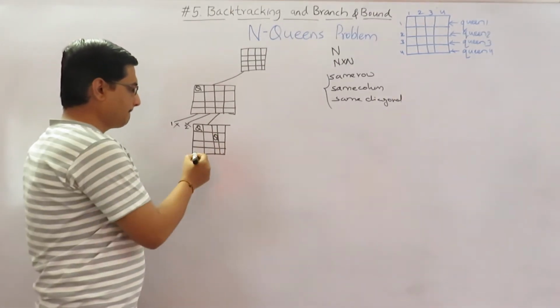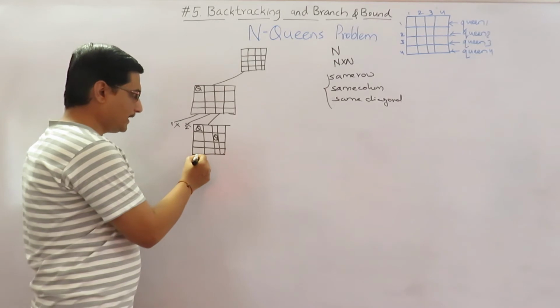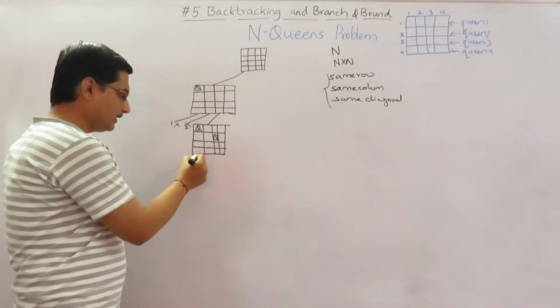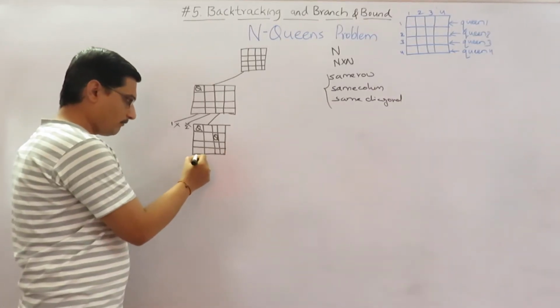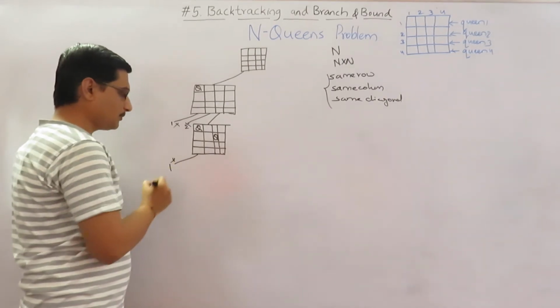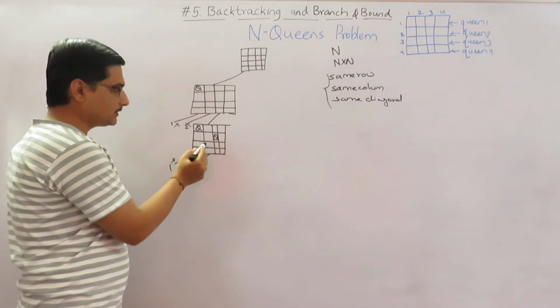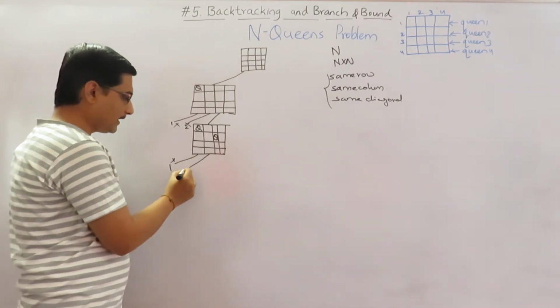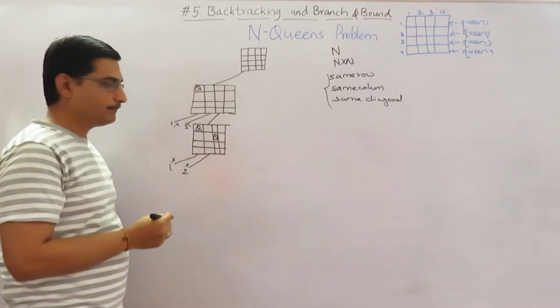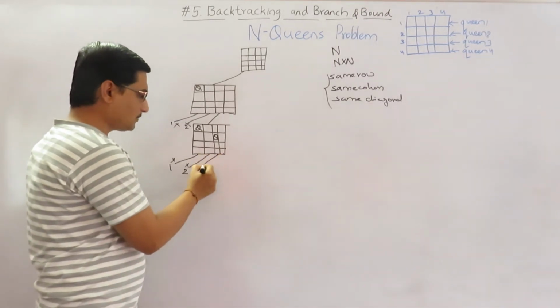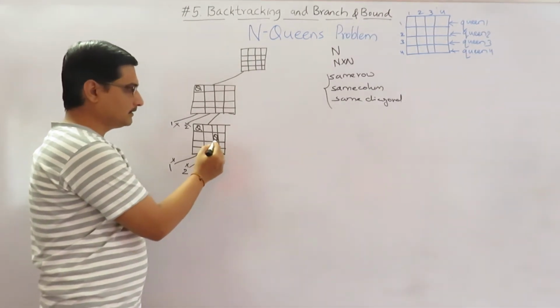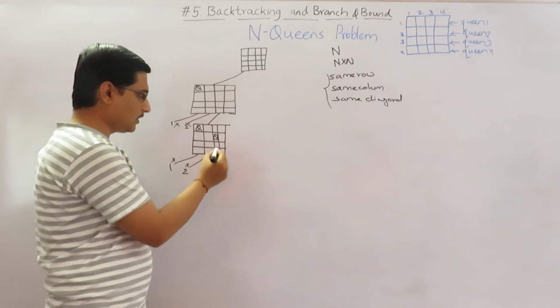Next, is it possible to place the third queen in the third row? First column, not possible. Second column, not possible because it will become diagonally equal with the second queen. Third column, not possible because the second queen is already there in that column.